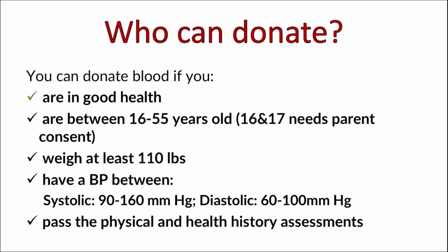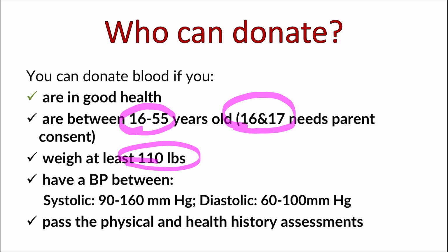So how about the criteria for the blood donor? Who can donate? Of course, if you have good health, and take note, 16 to 55 years old. Take note, for 16 and 17, it needs parent consent, especially in the Philippines, because 18 is already considered the legal age. Weight at least 110 pounds.